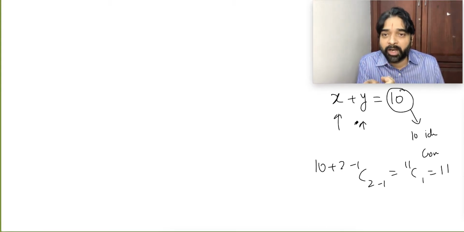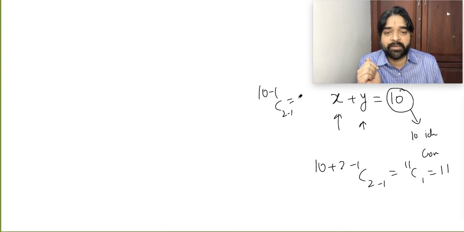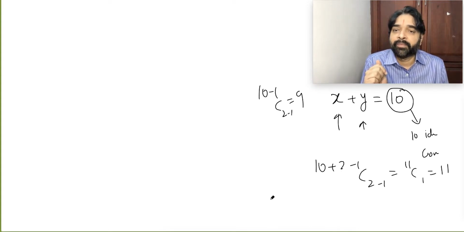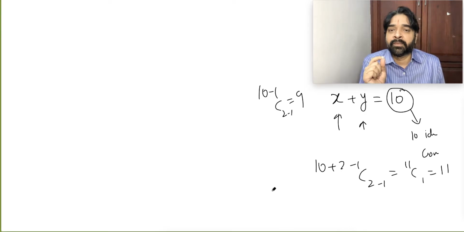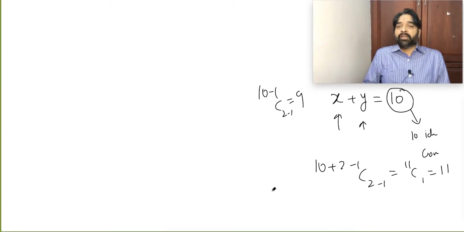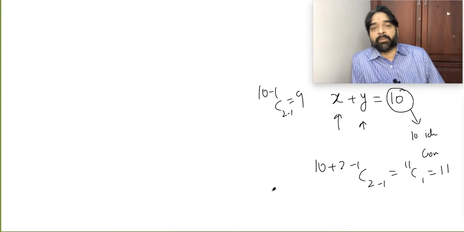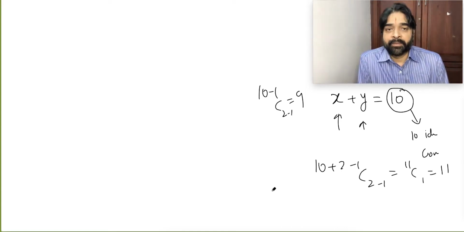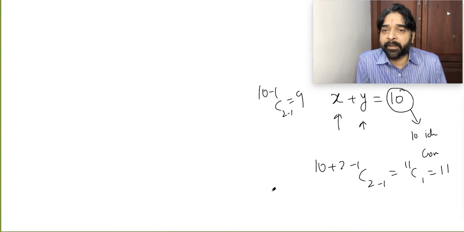An empty group is not allowed. So 10 minus 1 C 2 minus 1, that means 9 C 1, which is 9. Is it clear? It's a very common type of question, finding integral solutions, and that's done by using the distribution method. Is it clear to everybody?